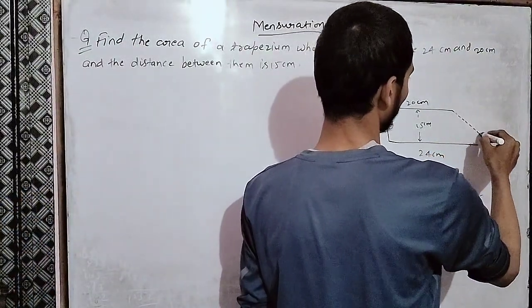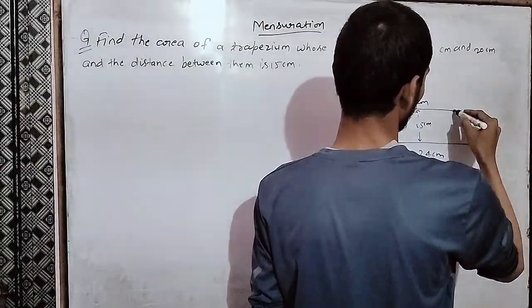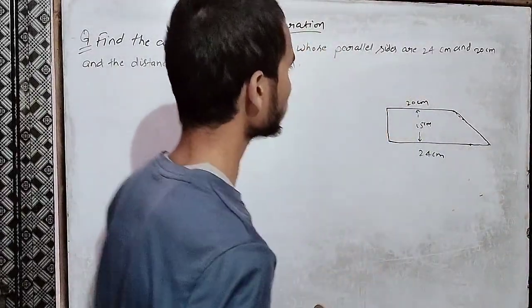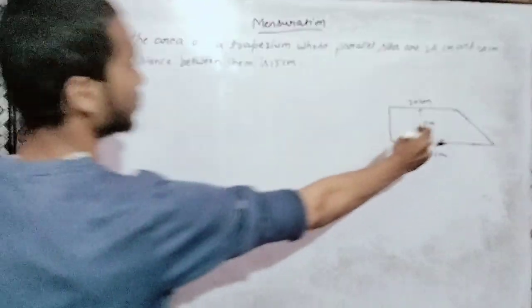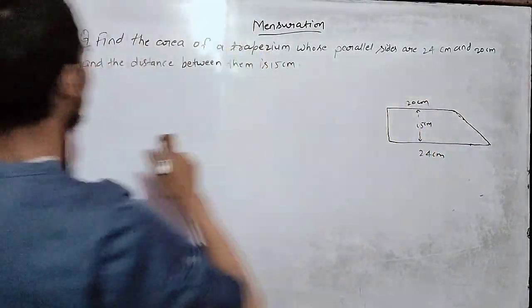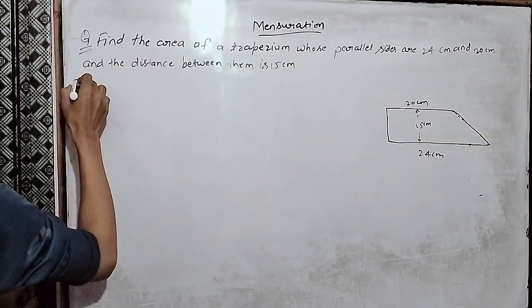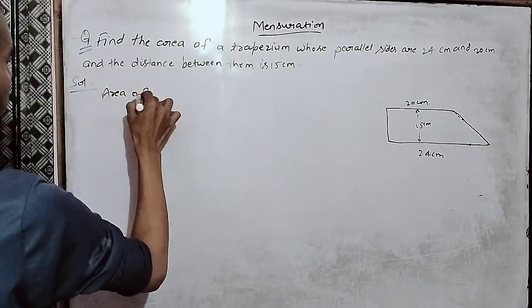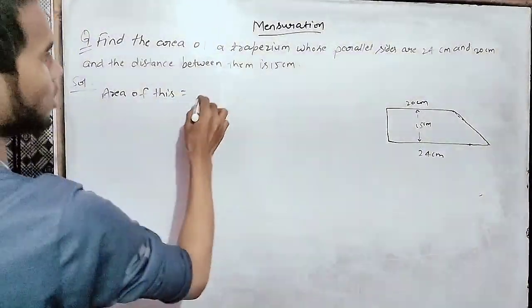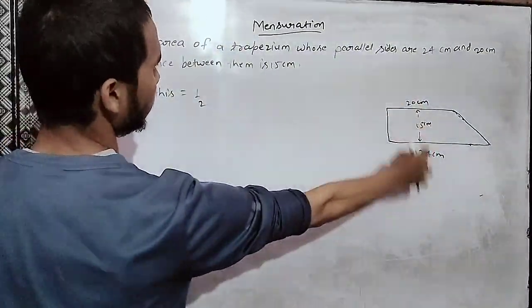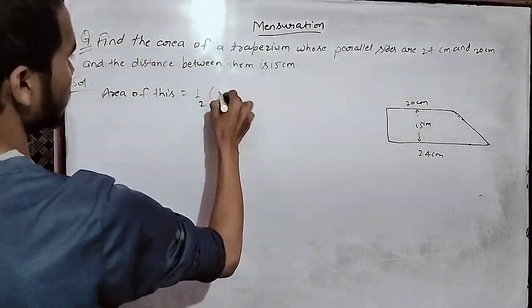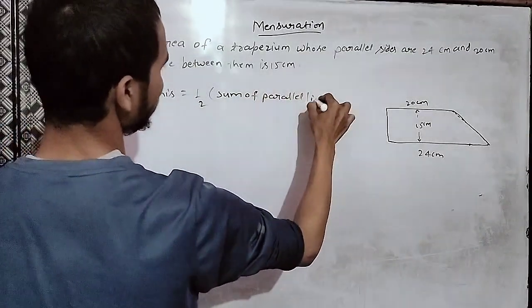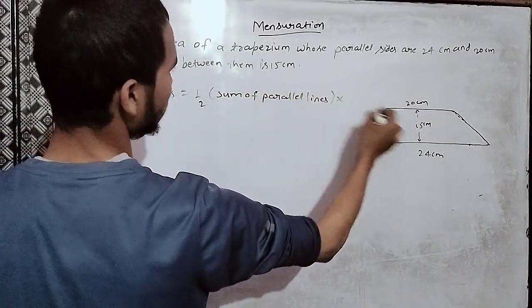Now we have this figure. So we shall find the area of this polygon. We will use 1 by 2 and the sum of parallel lines multiplied by h.